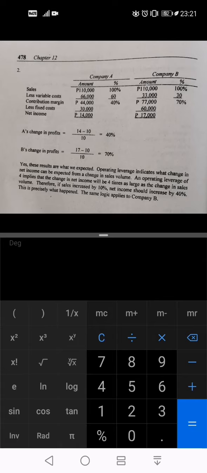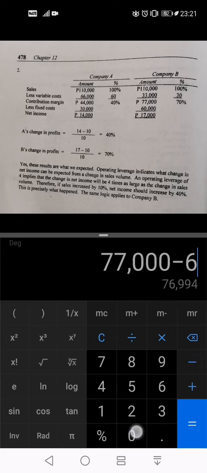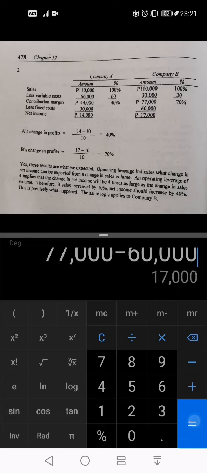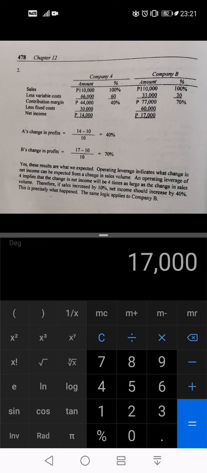Same with company B: 77,000 less 60,000, which is the fixed cost deducted from the contribution margin. There you get the net income of 17,000 for company B.